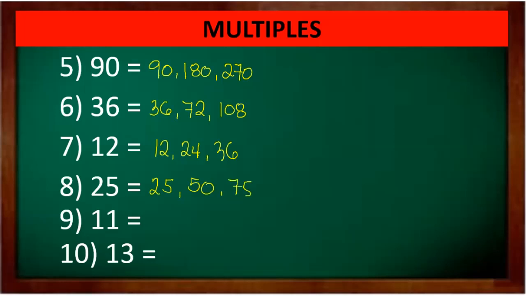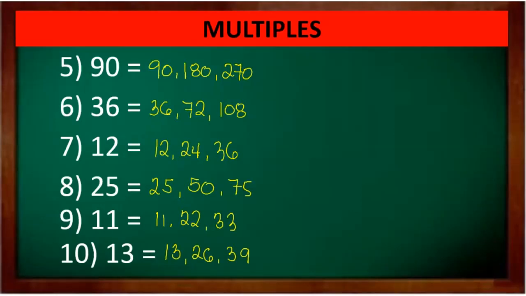Let's try 11. 11 times 1 is 11. 11 times 2 is 22. 11 times 3 is 33. And of course, the last, okay, so 13 times 1 is 13. 13 times 2 is 26. 13 times 3 is 39.